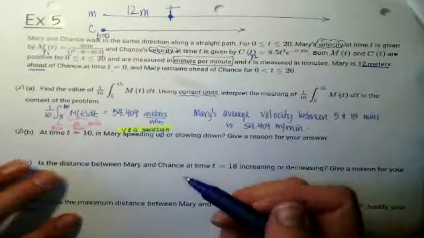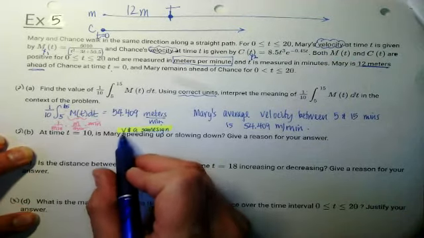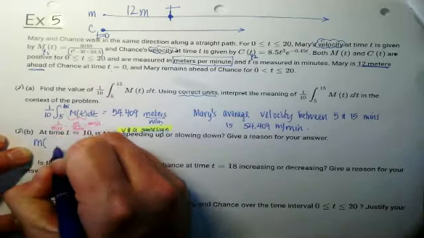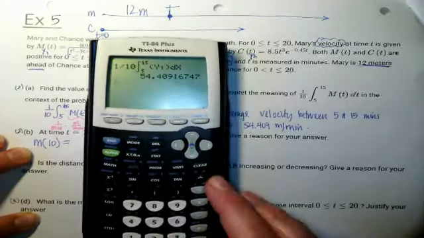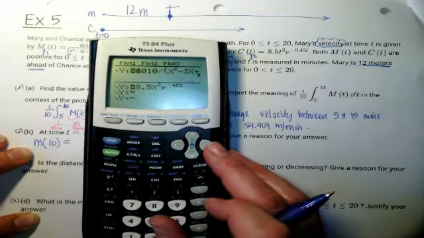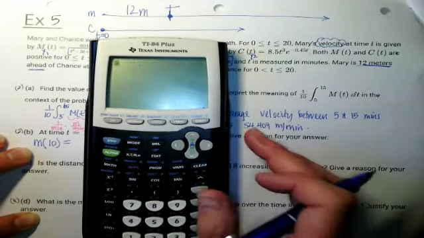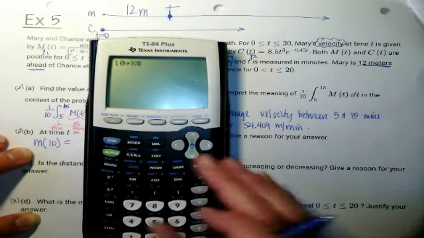So what we need to consider here, again, this is a 2-pointer. The velocity is our equation here. So what is her velocity at 10 minutes? Well, that's pretty easy to figure out. We can go to our equation. Oh, actually, you want to know something interesting? I'm going to take 10 minutes and store it in x.